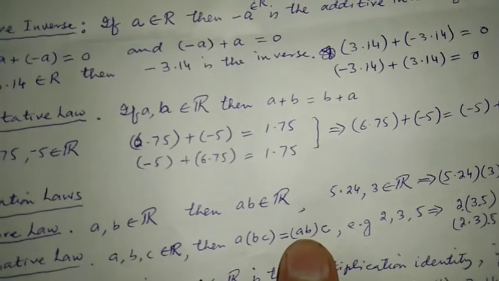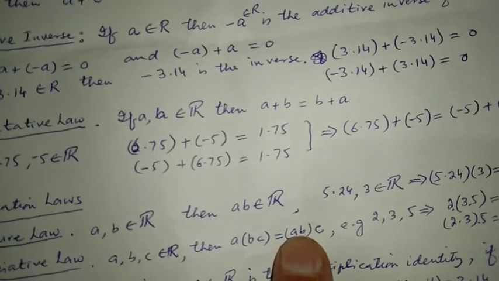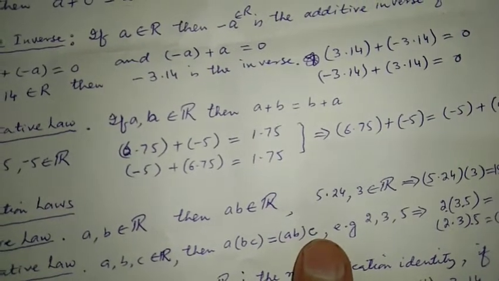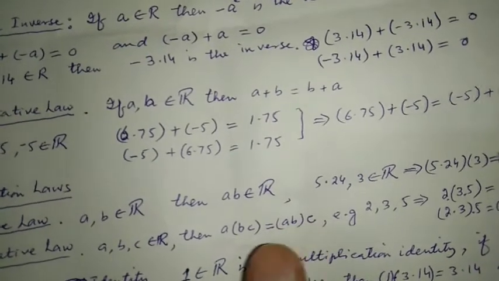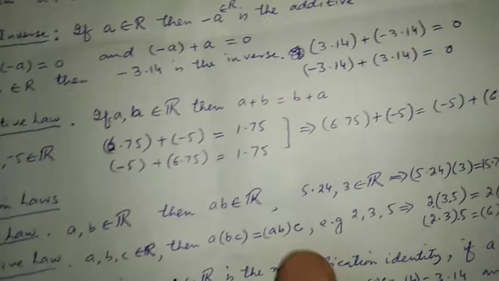In the second option we are taking the multiplication of ab and what comes out from the answer is multiplied with c from the left, but we are getting the same answer from both the multiplication types.